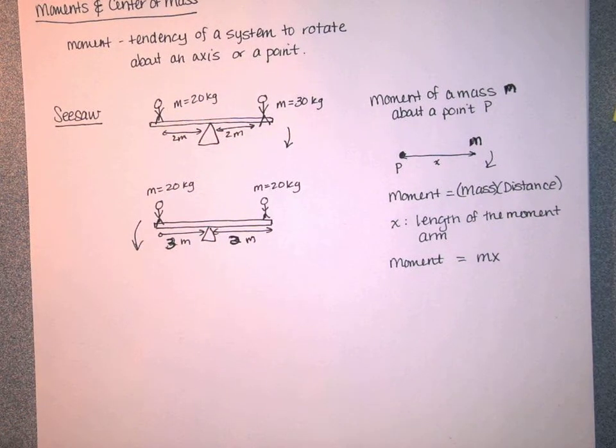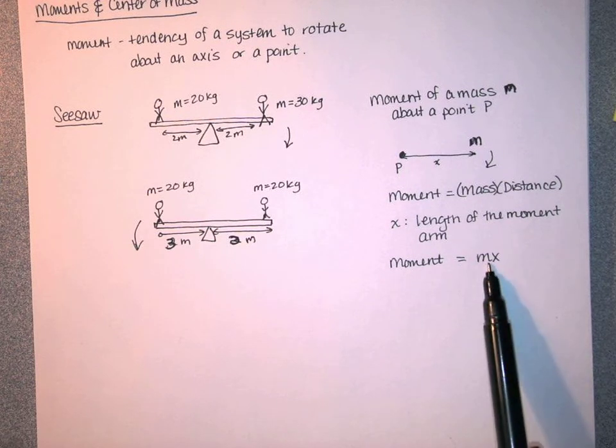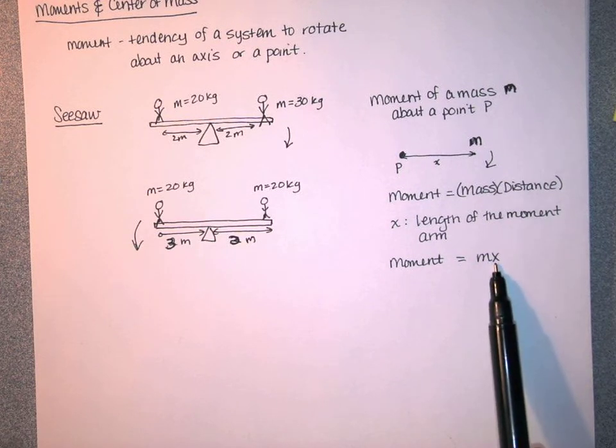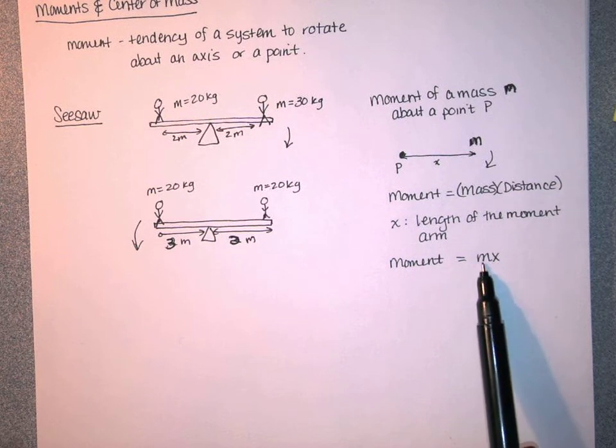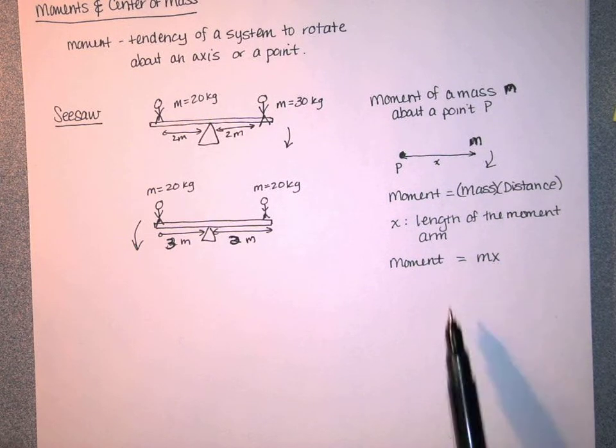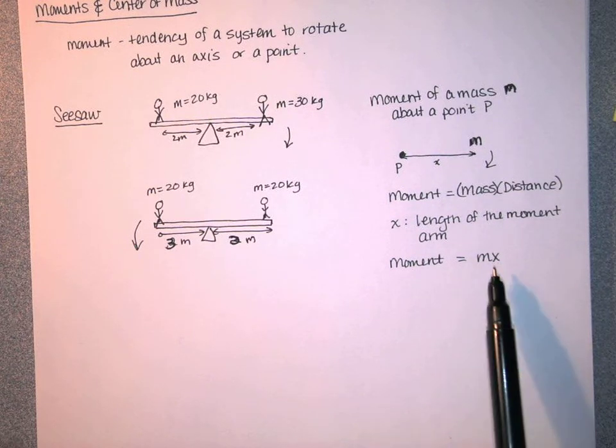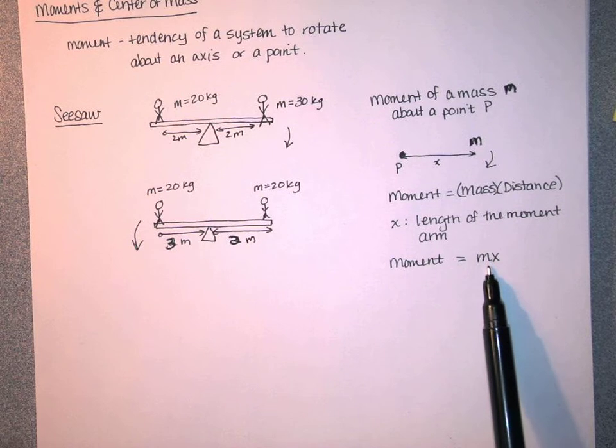Now this definition of moment is slightly different from the one that you've seen in physics class. The one you've seen in physics class involves taking a force and multiplying it by the length of the moment arm. So what you've probably seen is mass times acceleration times x, but this is the math version. This is completely independent of gravity.